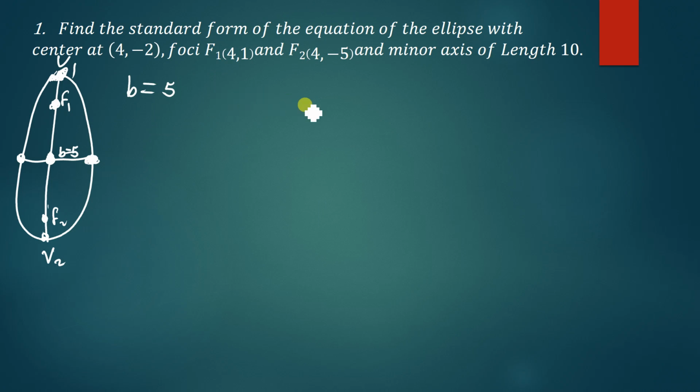What I'm trying to say is the equation is supposed to be like this. This is the center which has been given. The center is 4, -2. So our equation is supposed to be (x minus 4) squared over b squared, plus (y minus ...) squared over a squared, equal to 1. Since there's a minus there, we expect to have a plus there.